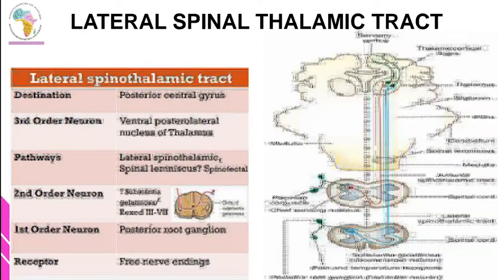So these tend to give the first order of neurons. As you can see, the first order of neurons is in green, and as it courses down the posterior aspect, which is the posterior white column, it gives off the second order of neurons, which tends to cross over to the opposite side.